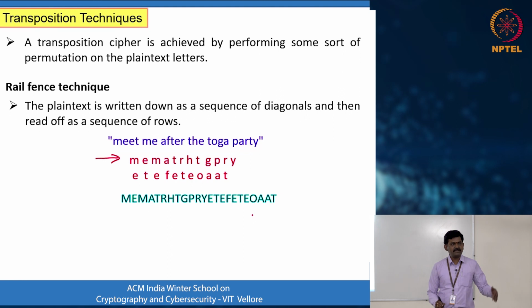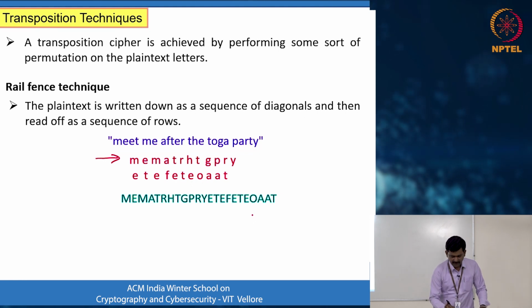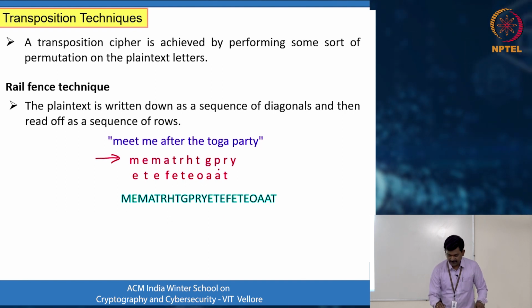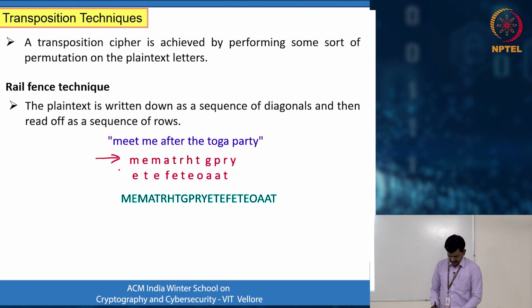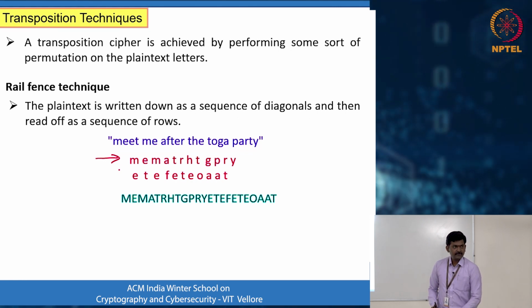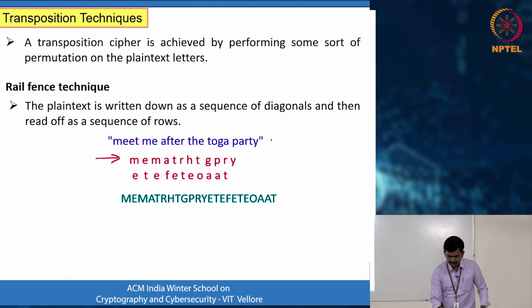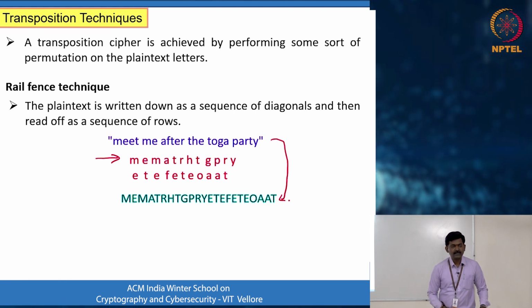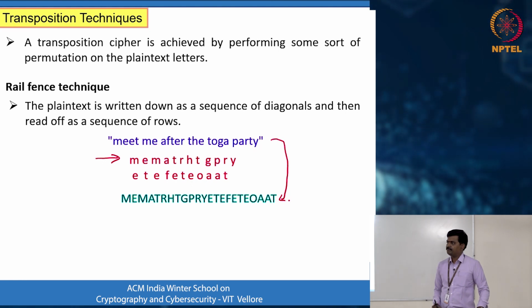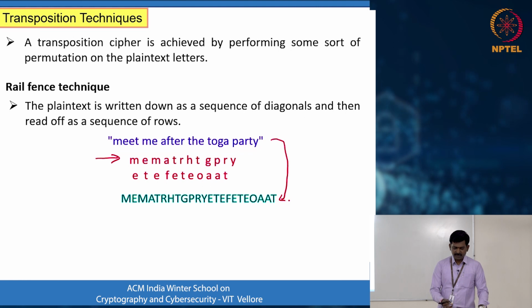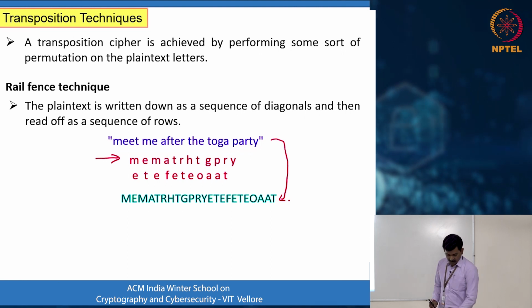So arrange them in the form of a rail, in the sense alphabet down, again alphabet down, so that it is diagonal, and then read horizontally. It produces the ciphertext. So when you notice from here to here, what is changed? Positions of the alphabets. Which position to which position is based on the technique called rail fence.